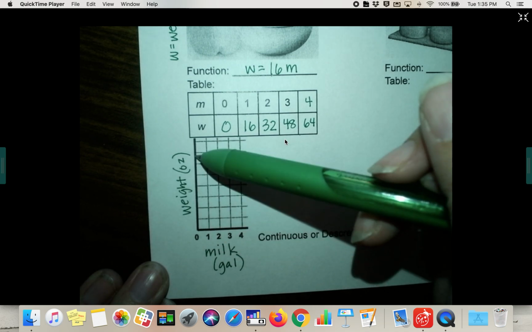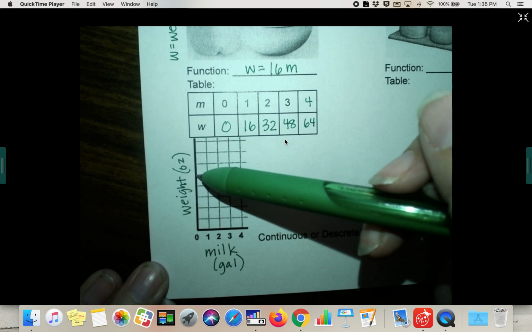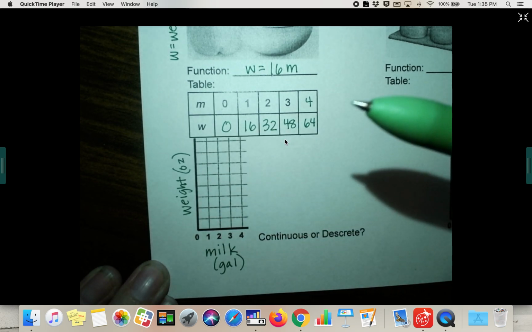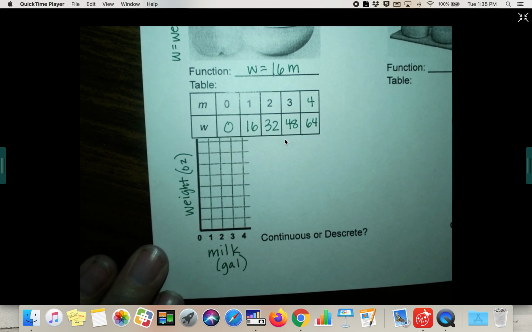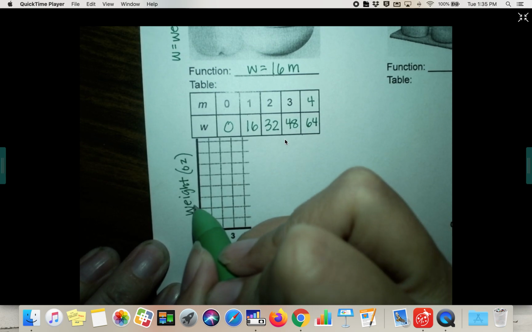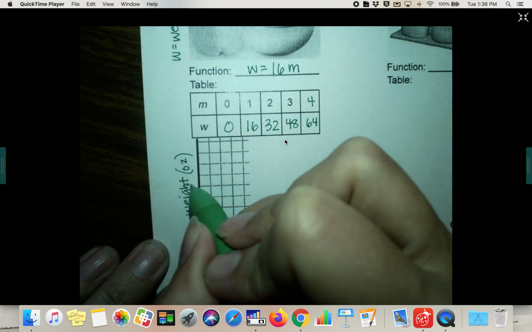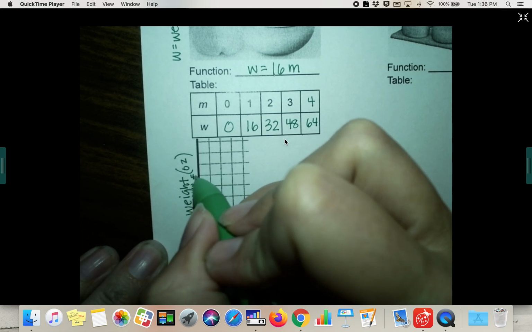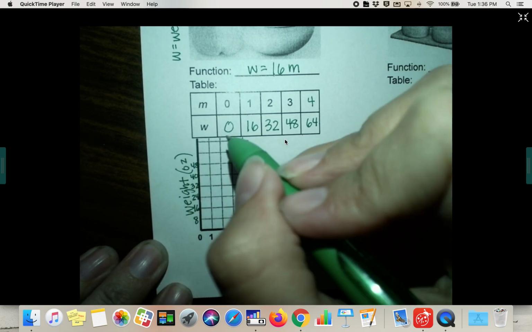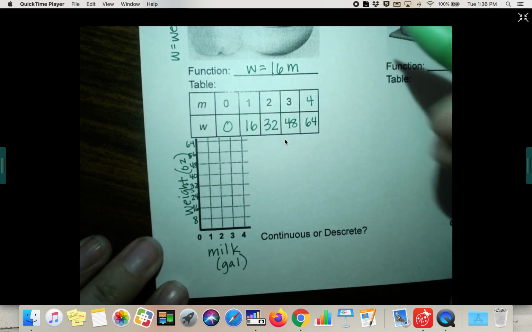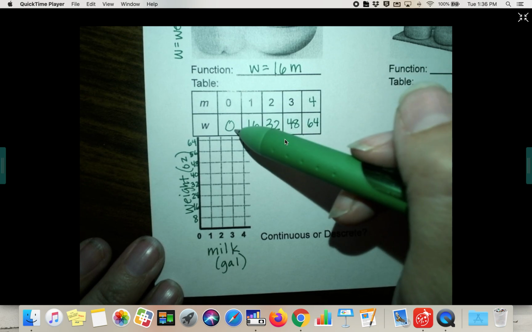So how can we get up to 64 with 8 lines? I believe 64 divides evenly by 8, and it would be 8. So let's just count by 8s. 8, 16, 24, 32, 40, 48, 56, and 64.